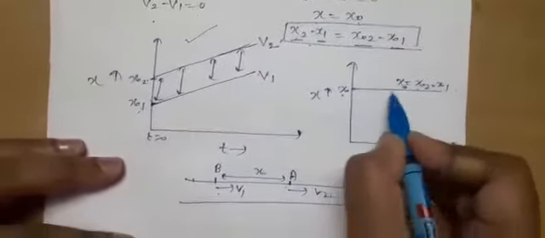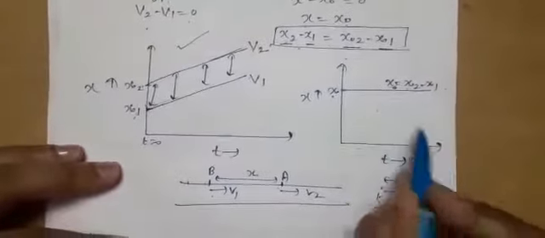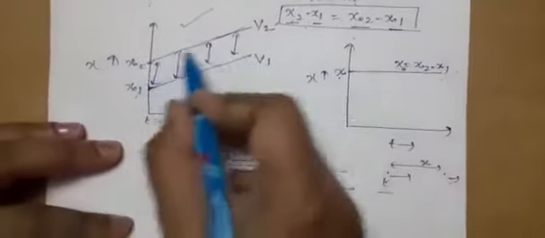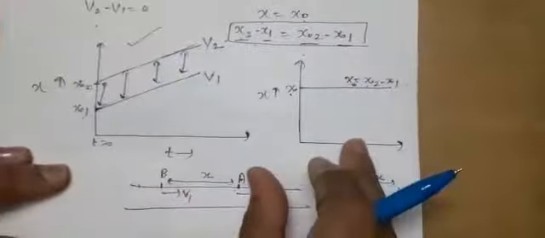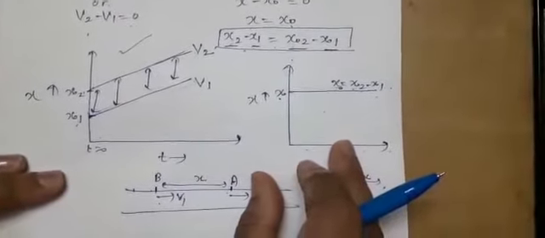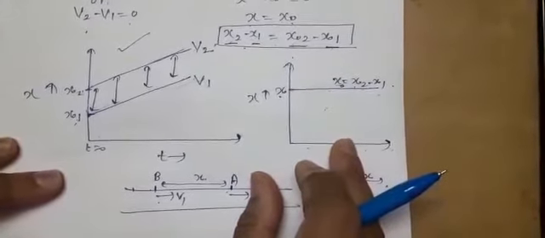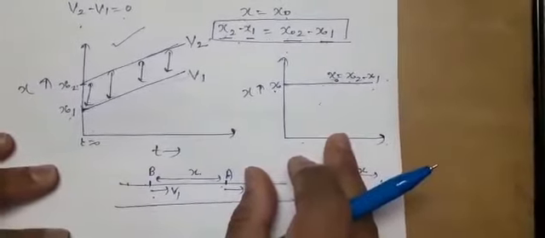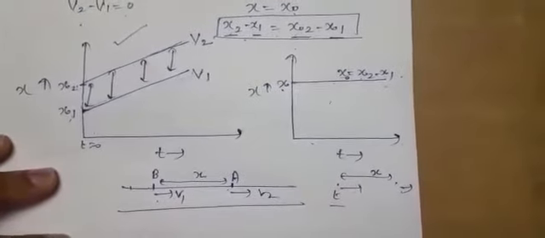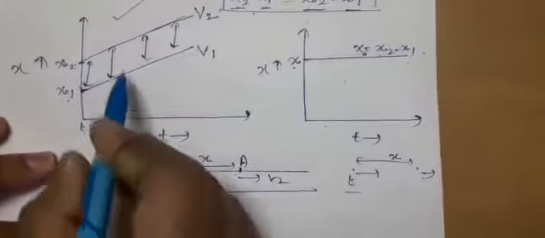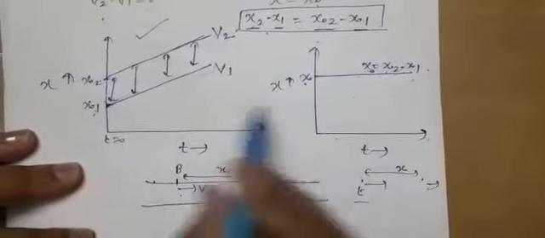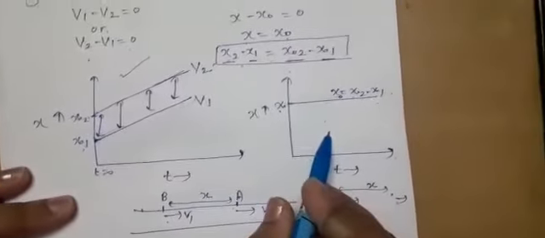At every point, this separation remains the same. This is indicated in this graph. Another form for this graph: if you are asked to draw the position-time graph when the two bodies are moving with the same speed, then you have to draw this graph. This is another form of this graph.